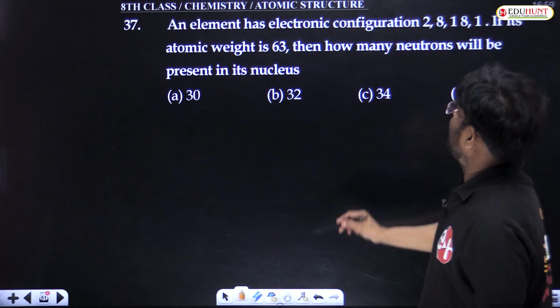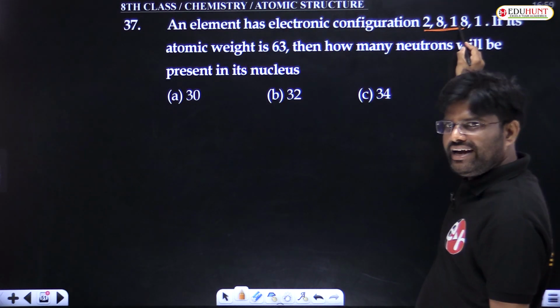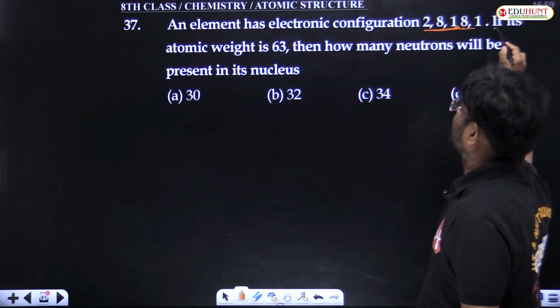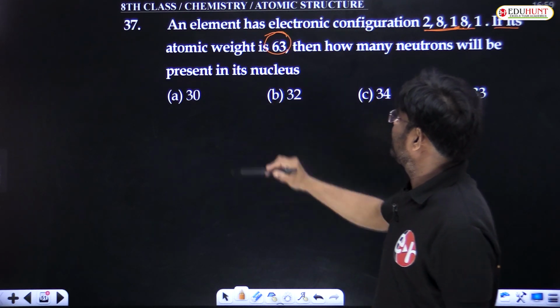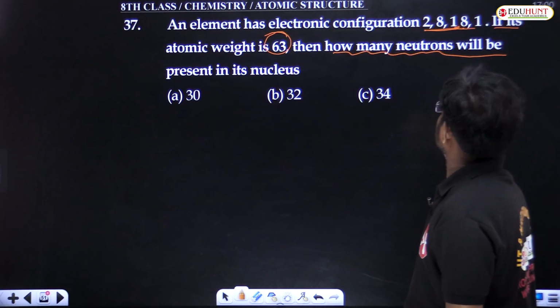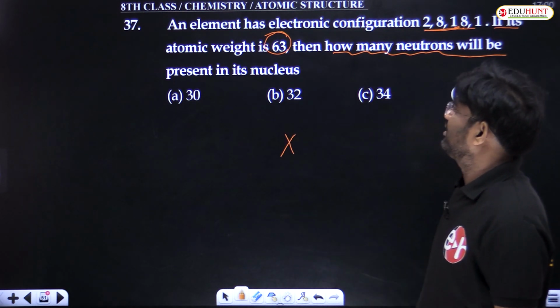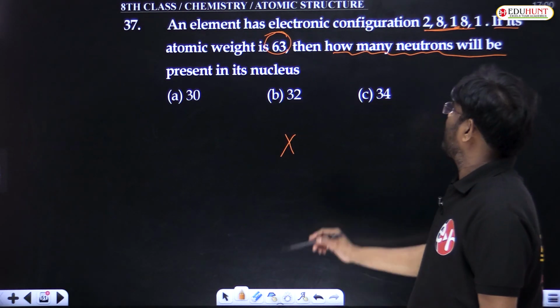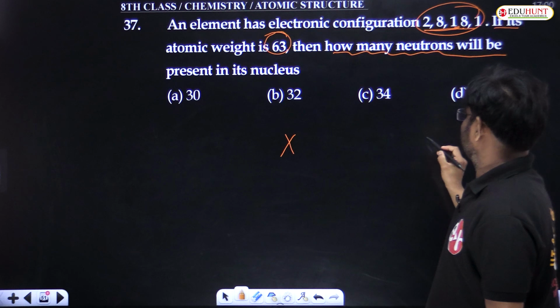An element has electronic configuration 2, 8, 18, 1. If the atomic weight is 63, then how many neutrons will be there? First you write X, the element given. That element we don't know. According to the electronic configuration, this is the shell method.